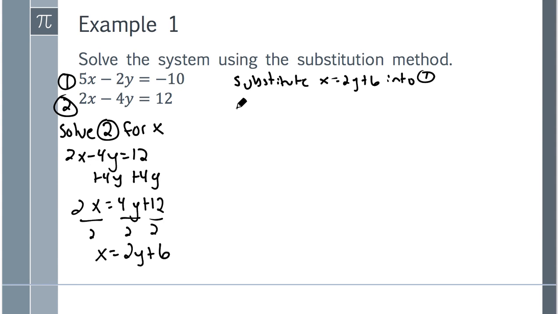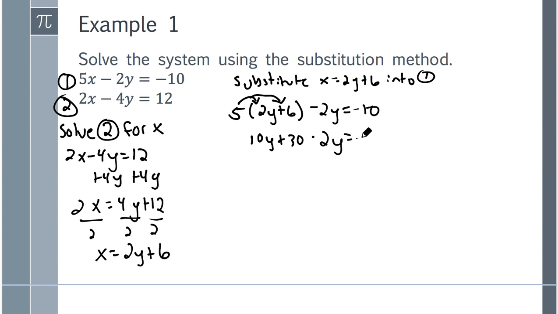Equation number 1 is 5 times x, but I just solved for x, and that was 2y plus 6. Notice when I substitute, I always put that in parentheses, minus 2y equals negative 10. To solve it, I first need to distribute the 5, and I have 10y plus 30 minus 2y equals negative 10.